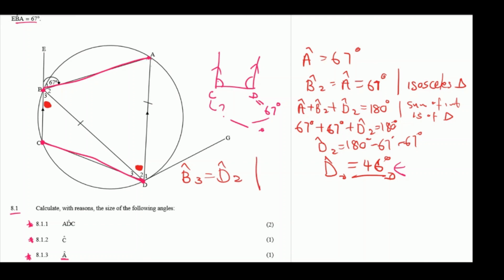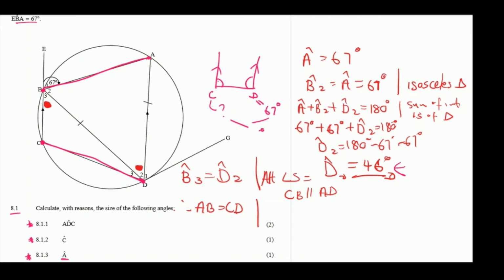Reason for that is alternate angles. So the alternate angles are equal, right? Why? Because CB is parallel to AD, right? Fine. So now that I've proven this, it concludes that therefore AB is equal to CD.